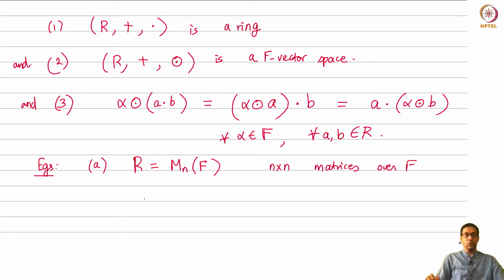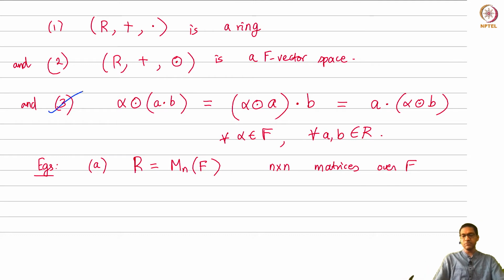Now observe what the multiplication and scalar multiplication are. Recall, it's of course a vector space over the field F. You scalar multiply by multiplying every element of the matrix by the given scalar. This is also a ring, with the usual matrix multiplication. The key point is that these two structures satisfy the compatibility axiom.